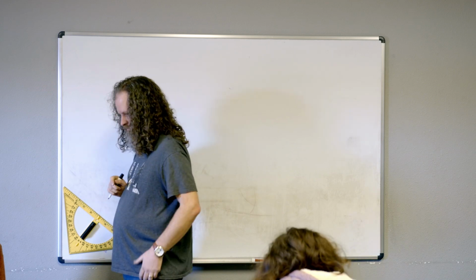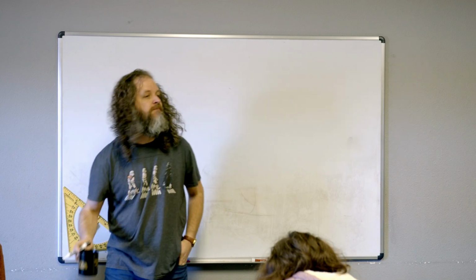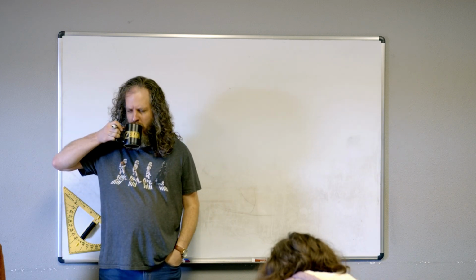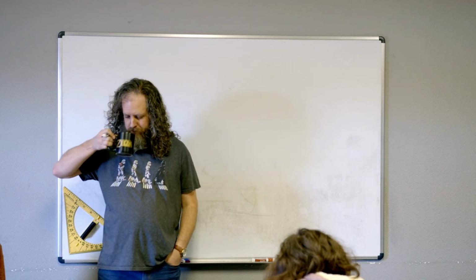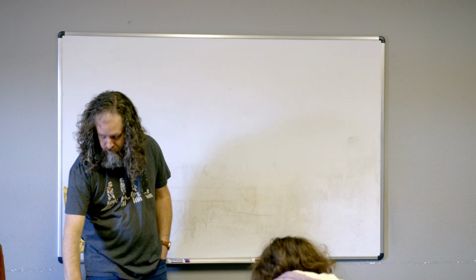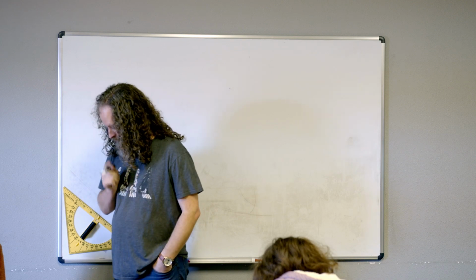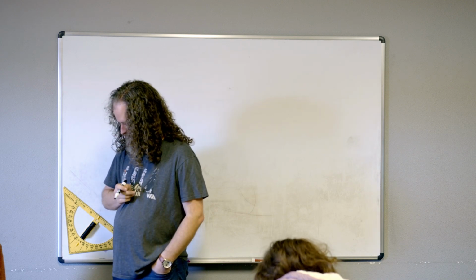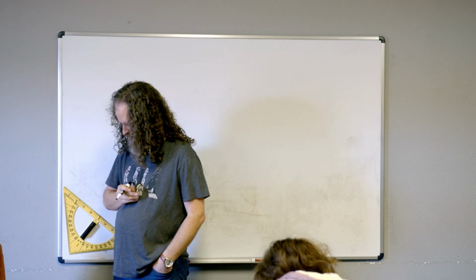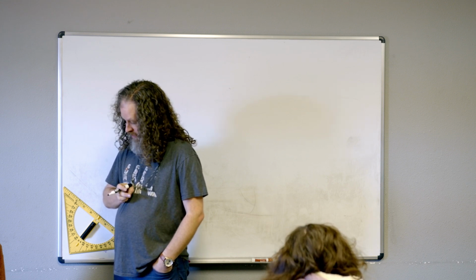I don't even remember how I started. We can do the formula tan squared plus 1 equals secant squared. We have that.